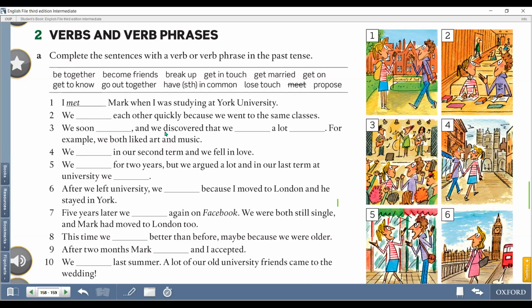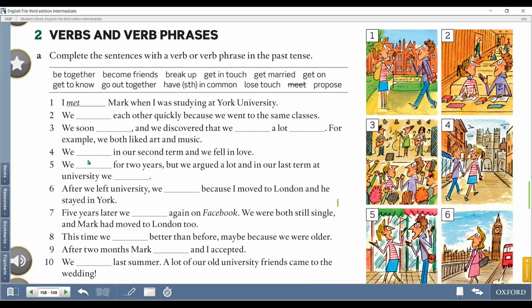And we discovered that we had a lot in common. For example, we both like art and music. Perfect. Okay. Number 4.